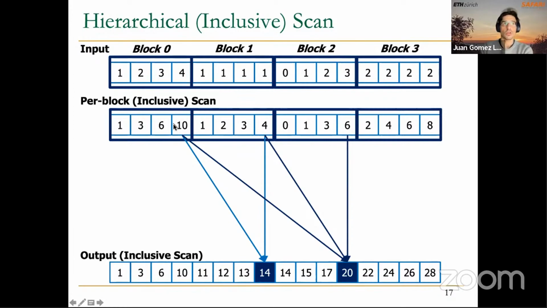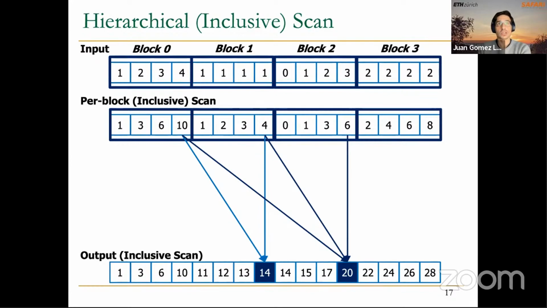Because if you think about it, you will see that this 10 here is actually the reduction result, the sum of all these 4 elements. This 4 here is the sum of all these 4 elements. And by adding 10 plus 4, which is 14, and then adding this 14 to 6, we will obtain this 20 in the output array.